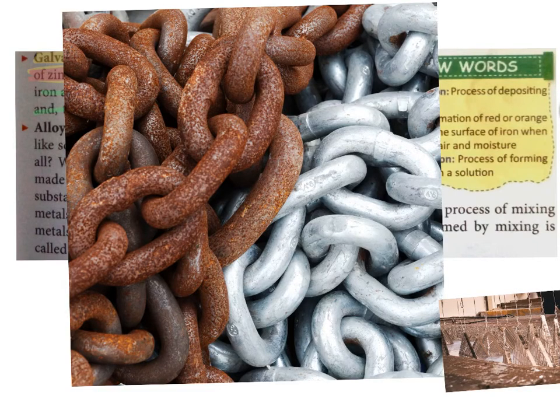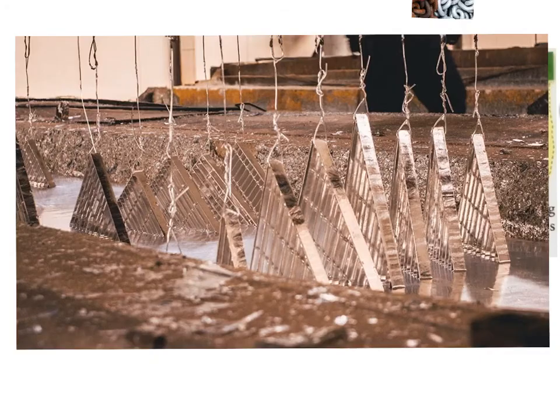See children, this is a normal iron article whereas this is the galvanized one. What we do in galvanization is we dip an iron article in a pool of molten zinc, that is the melted form of zinc. And as we dip this iron article in this molten solution, it acquires a coating of zinc on it.